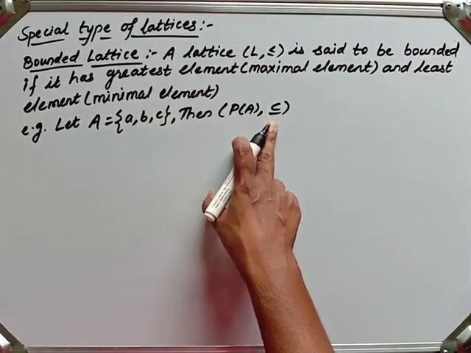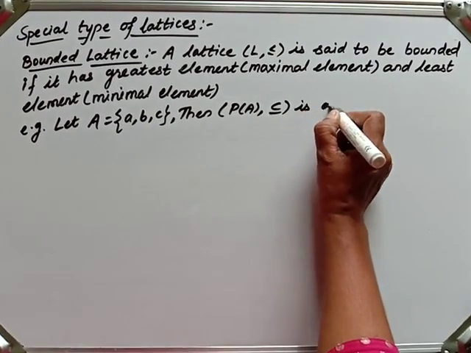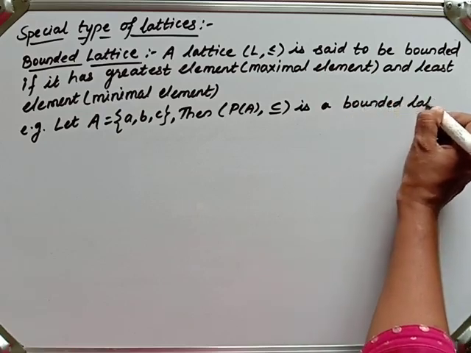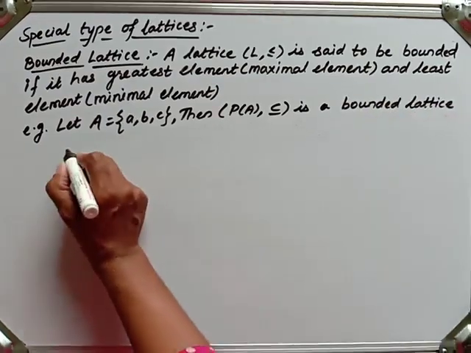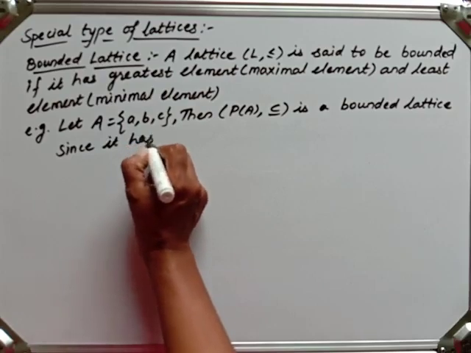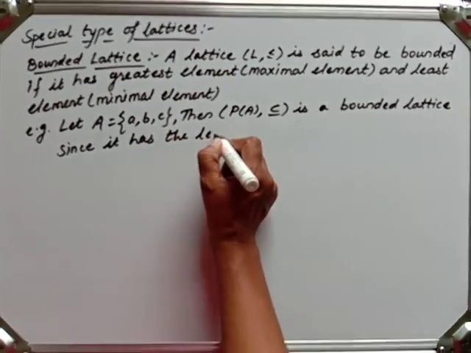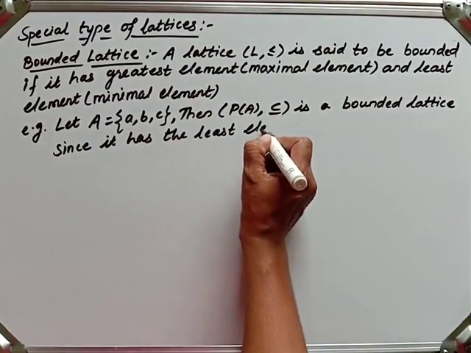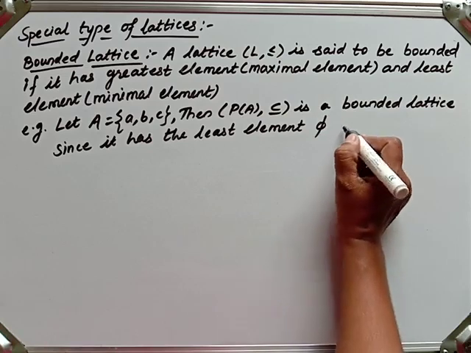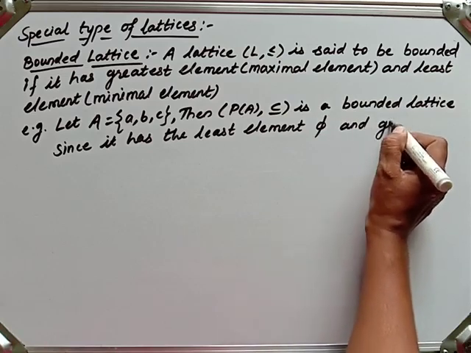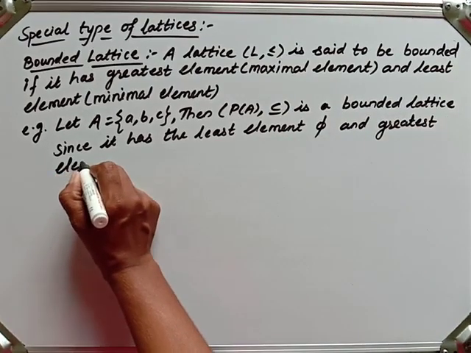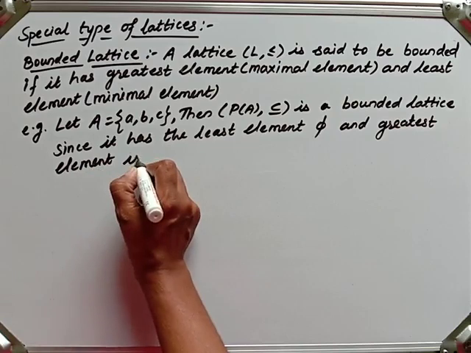So this is a bounded lattice since it has the least element, which is the empty set phi, and the greatest element, which is the set A itself.